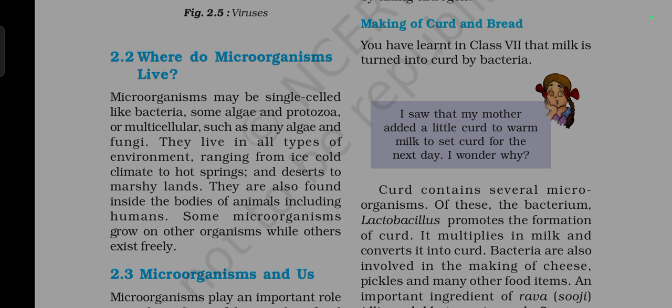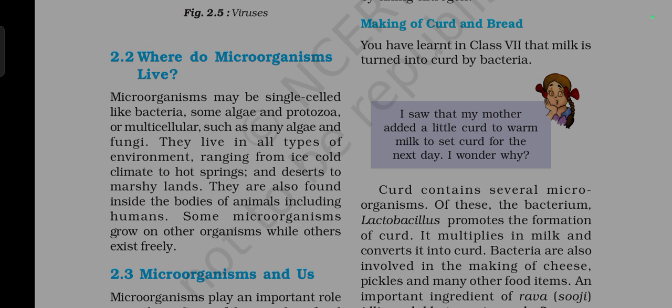From the third line we can recognize that many kinds of algae and fungi are multicellular, but some fungi can be single celled. For example, yeast. Yeast is a fungi, but it is single celled.